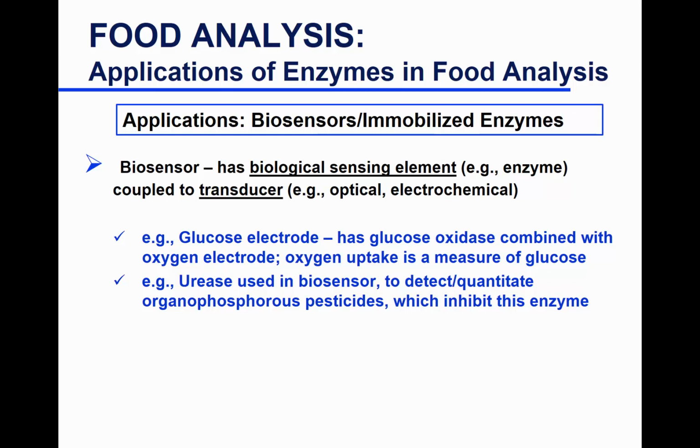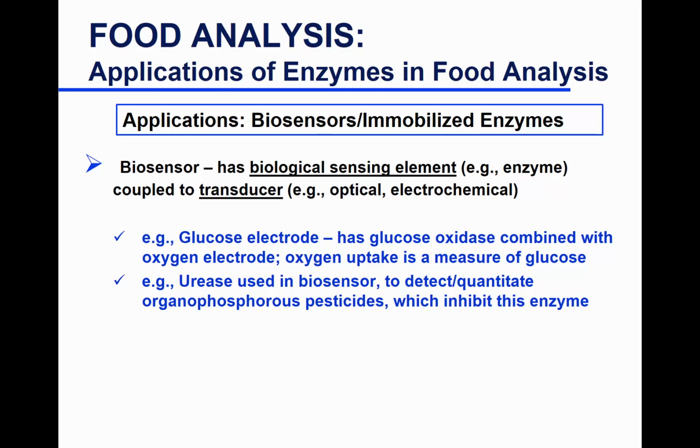So you have an electrode that has the enzyme immobilized, and then it can also detect changes in oxygen level. So you can determine the glucose concentration by putting that biosensor in your solution. It measures uptake of oxygen as the glucose gets oxidized by glucose oxidase.